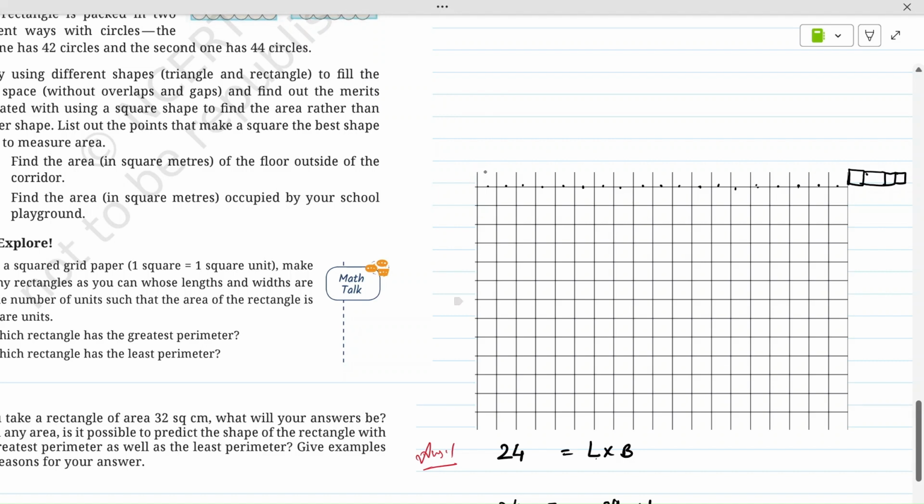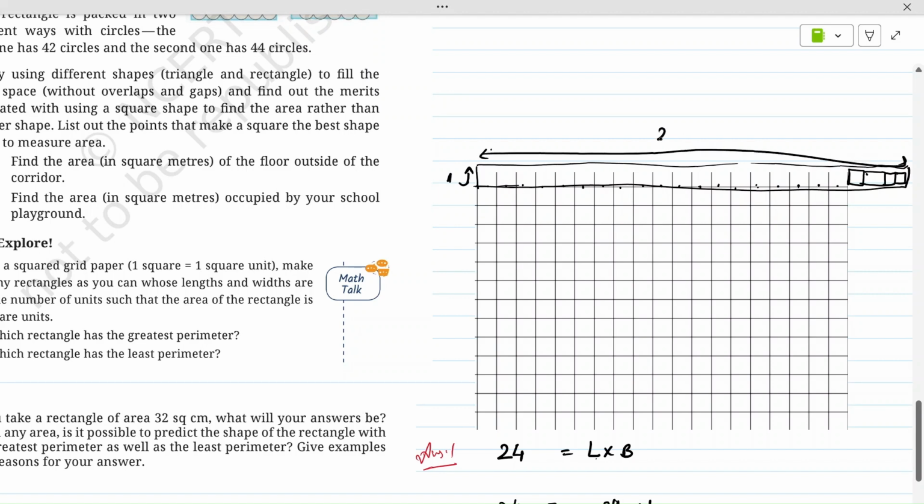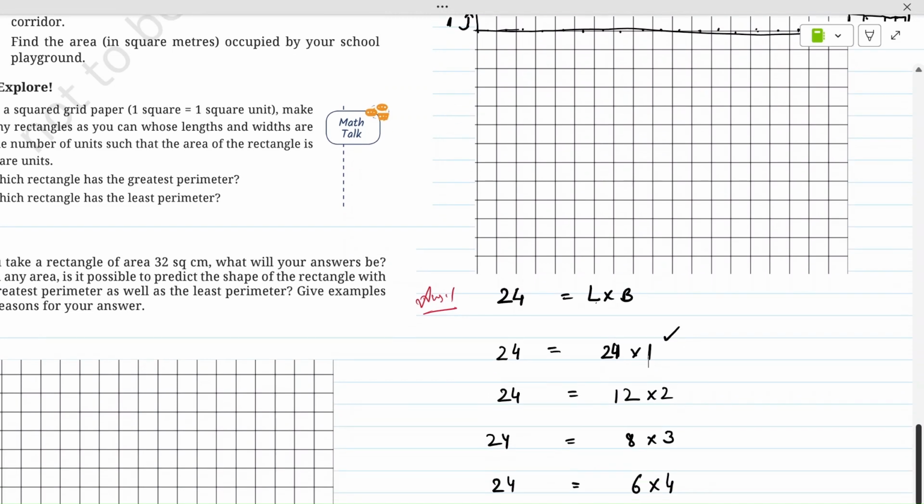Now if I want to make a triangle here of length 24 and width 1. So this is 1 and this entire will be 24 because I am taking 24 squares here. So this will represent a rectangle first, 24, where the dimensions are 24 multiplied by 1.